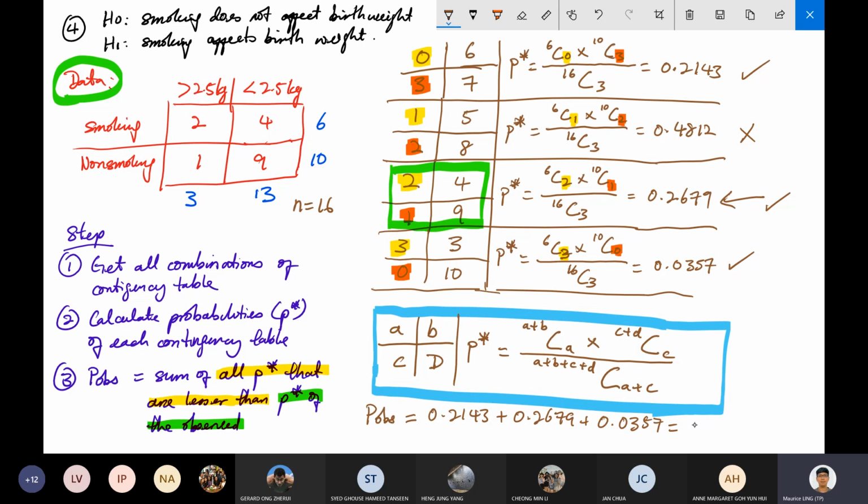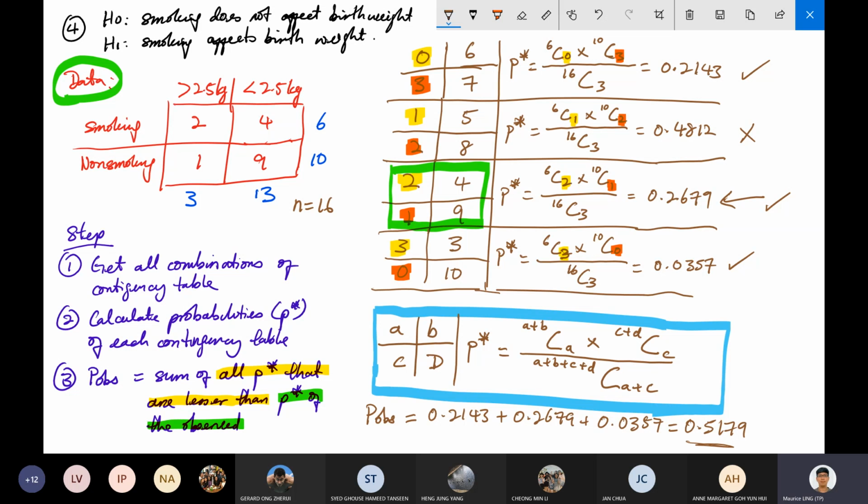That gives you 0.5179. If the observed value is less than the critical value, then you accept the null hypothesis. That means you cannot reject the null hypothesis here because this has to be lesser.